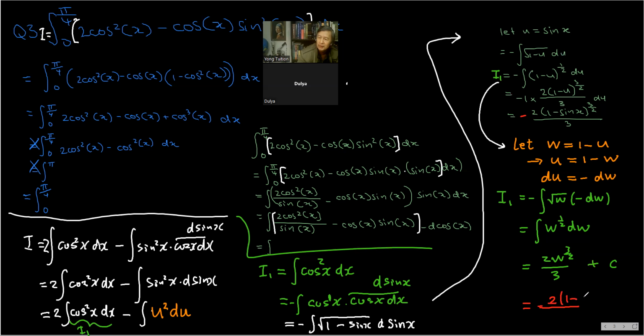What is u? u is sine x. That is w to the 3/2 divided by 3, plus a constant. Can you see the difference between my result and your result? There's just no negative. Yeah, that's right. So if you want to get full marks, you have to be careful. You can skip it, but it is better to use this substitution method again. All right.